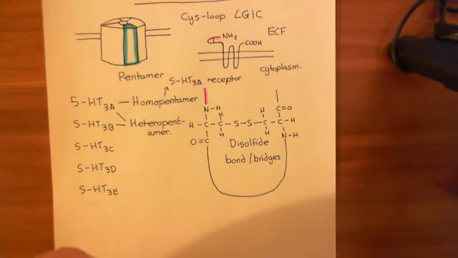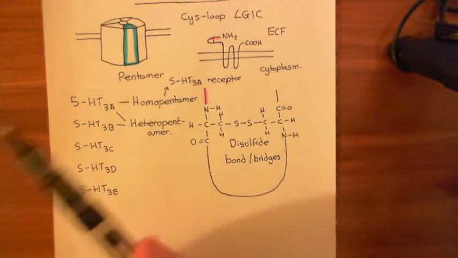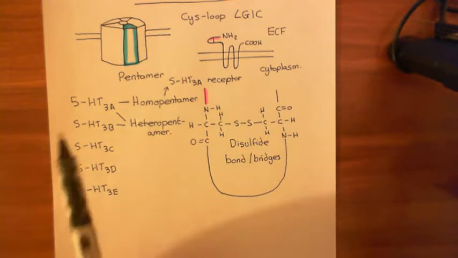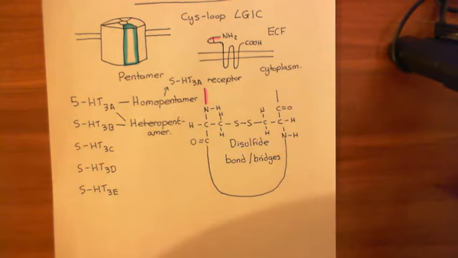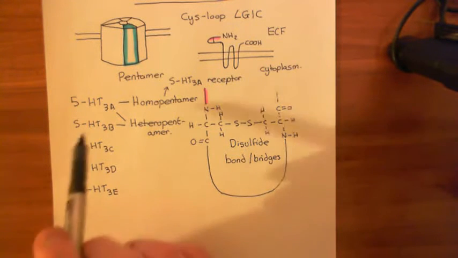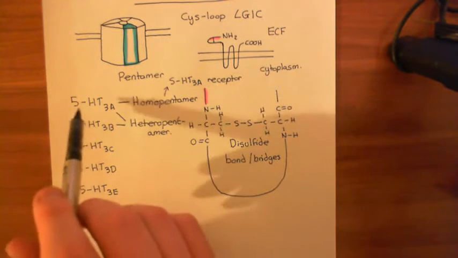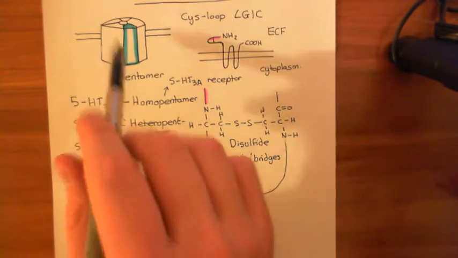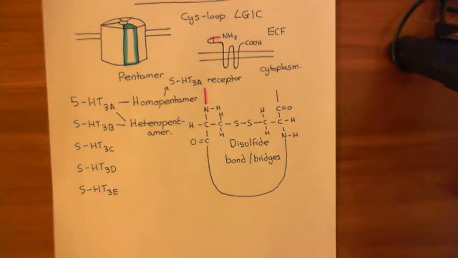Now, I'm being very vague here. I would love to tell you exactly how many 5-HT3A subunits you make and exactly how many 5-HT3B subunits you make. So for instance, I'd love to tell you that you make 3 of this one, 2 of this one, and then I'd love to tell you how you stick them together. That is not known, I don't think, at the moment.